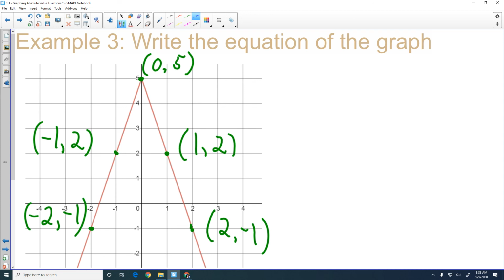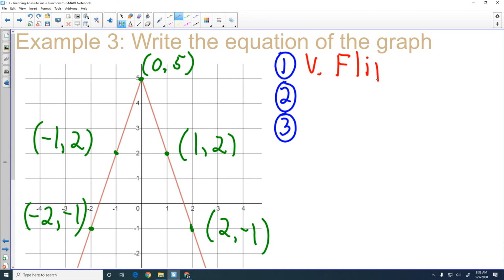So I know that there's a vertical flip. So I'm going to list that. I've got a total of 3 transformations here, and I'm going to include each one of them. The first thing I notice is a vertical flip.